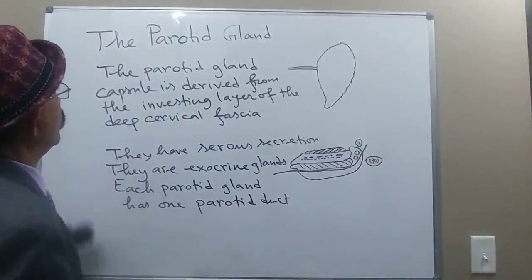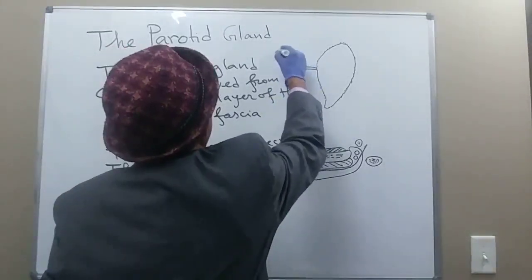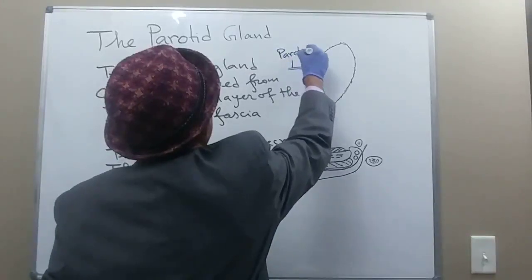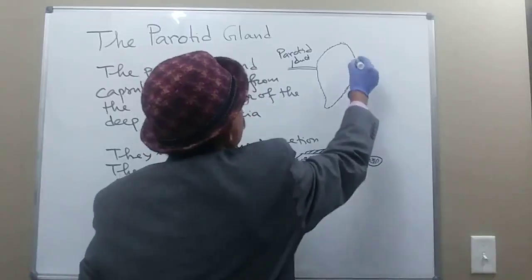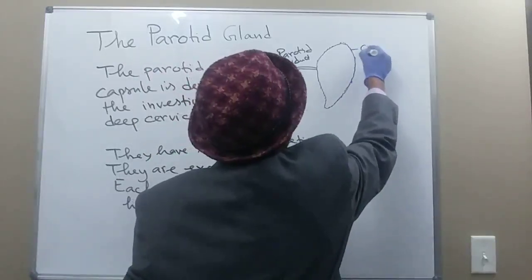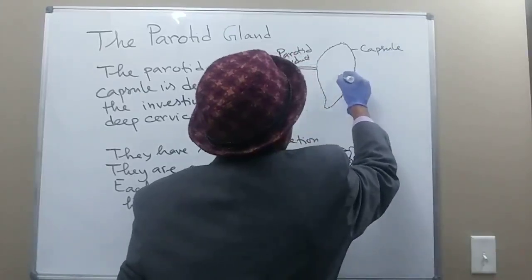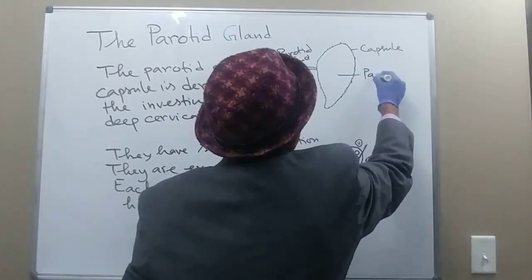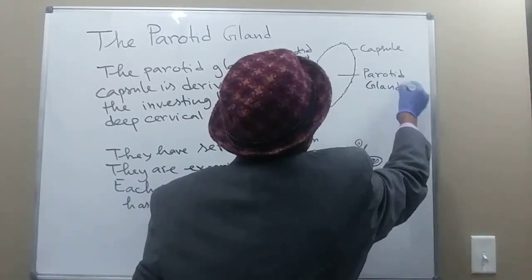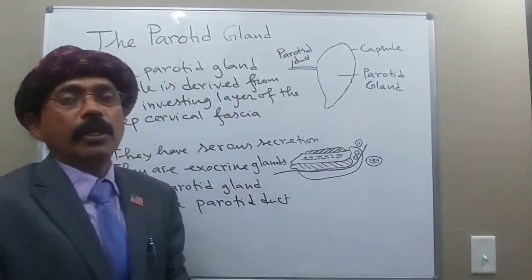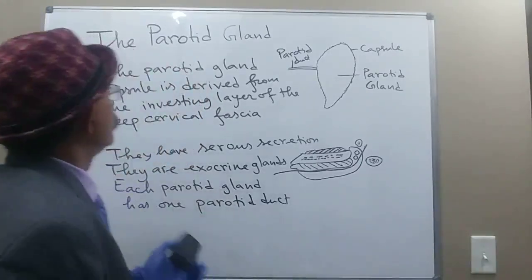The duct is here, this is the parotid duct, and this is the capsule of the gland. That capsule is derived from the investing layer of deep cervical fascia.